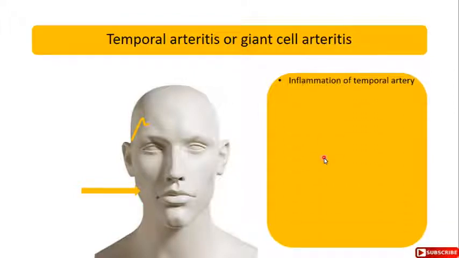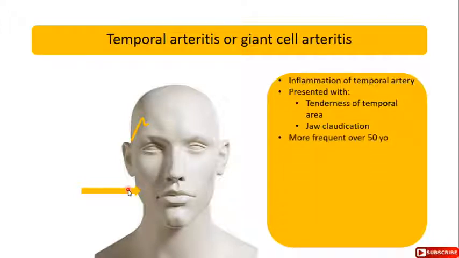It's an inflammation of the temporal artery, usually related with some abnormal autoimmune response. So it presents with tenderness of the temporal area, which is this one here, and also jaw claudication. It's like you get tired of chewing something. You cannot chew because you have pain.